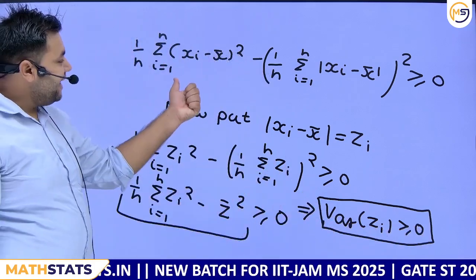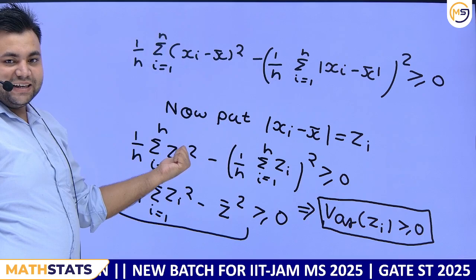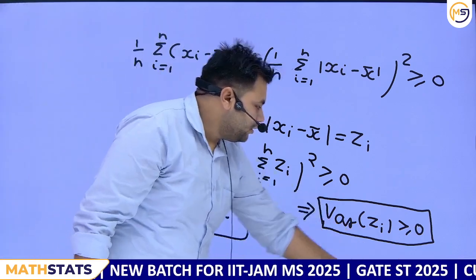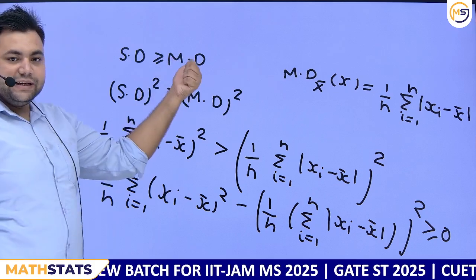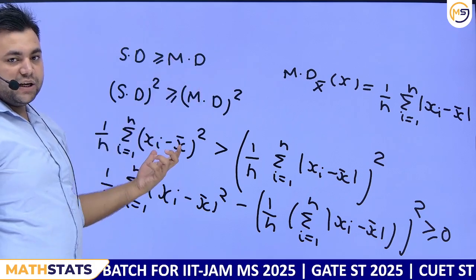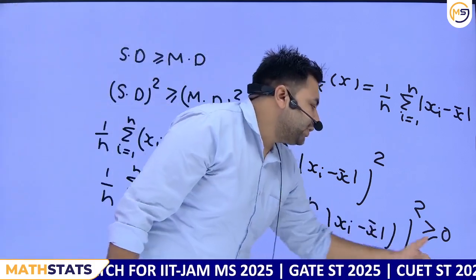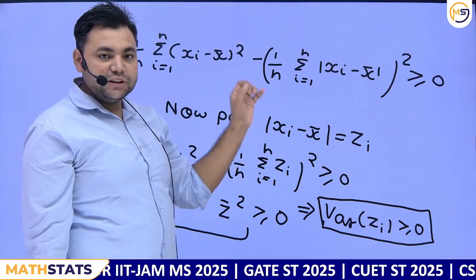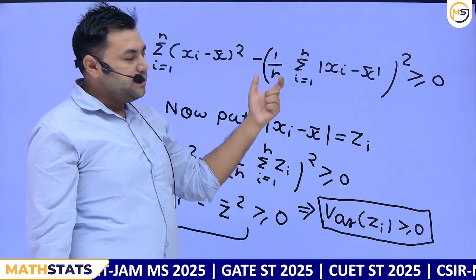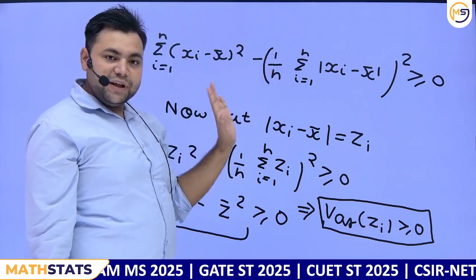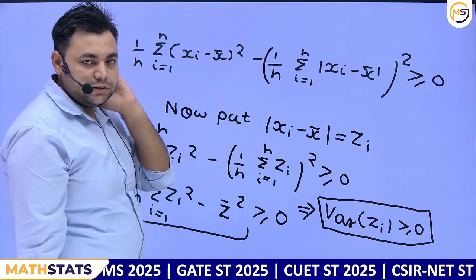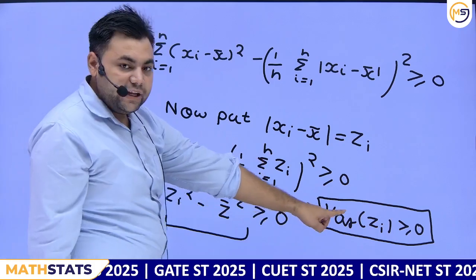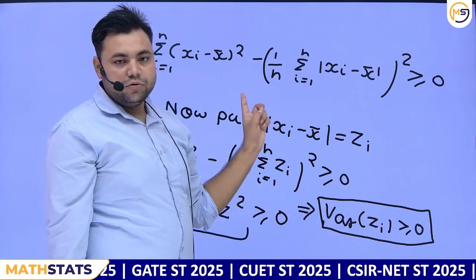So we prove SD is always greater than MD. We can prove this quantity because we find a positive result which is always true. If we find a positive result which is always true, then what I am proving is right. If I find a contradiction, then this is not true.